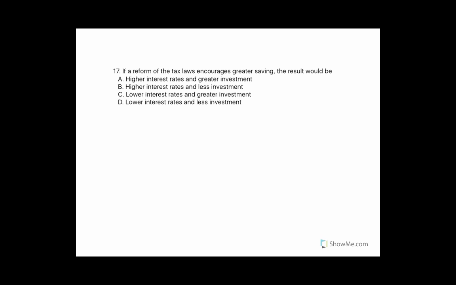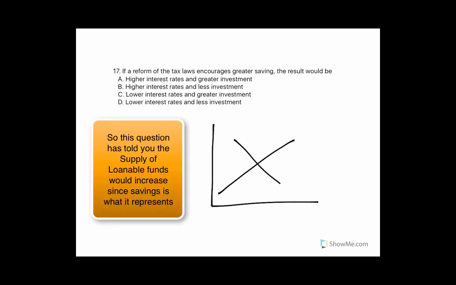Okay. So if a reform of the tax laws encourages greater savings, the result would be, okay, so again, one more time, we have supply, which comes from savings, and this is demand, which comes from investment, right? So if some law encourages greater savings, the effect is that the supply of loanable funds curve shifts to the right.